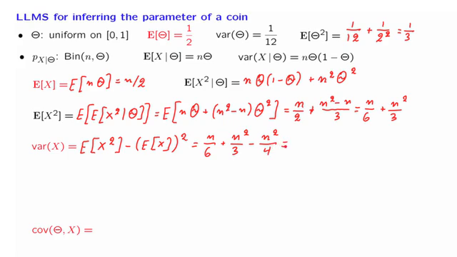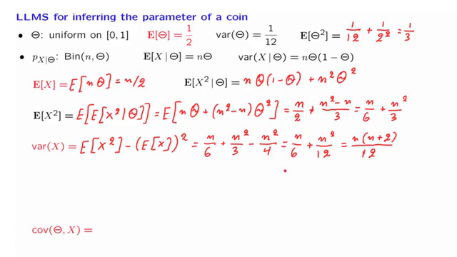So we obtain n over 6 plus n squared over 12. Or another way of writing this is n times (n plus 2) over 12. And this completes the calculation of the variance of x.